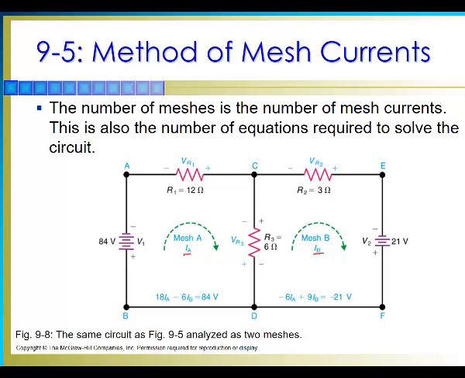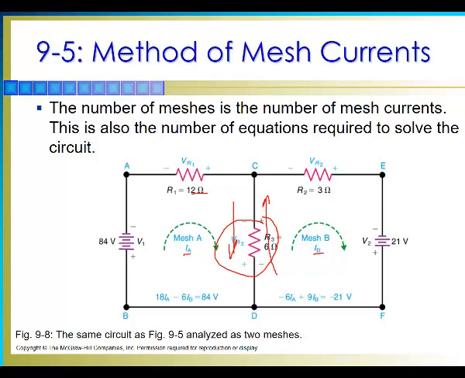The voltage on VR1 should be IA times 12 volts, and the one in here must be R3, which is 6 ohms, times IA minus IB, because one is going this way and this one is moving this way.